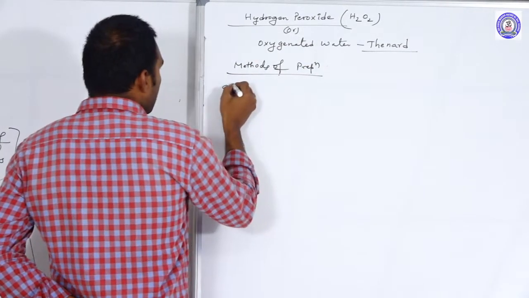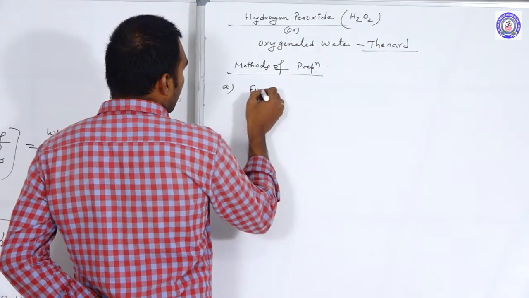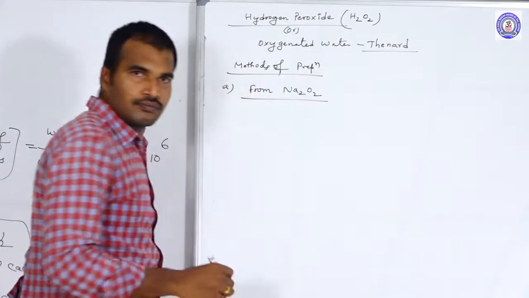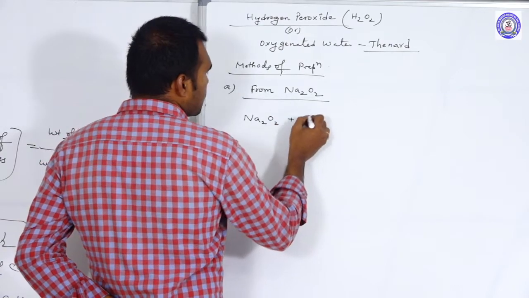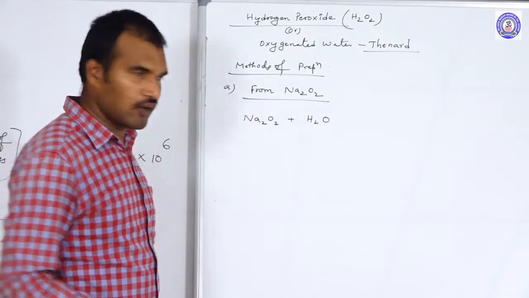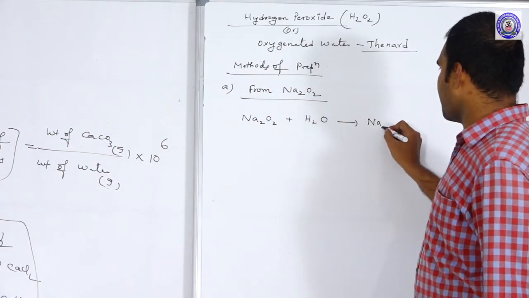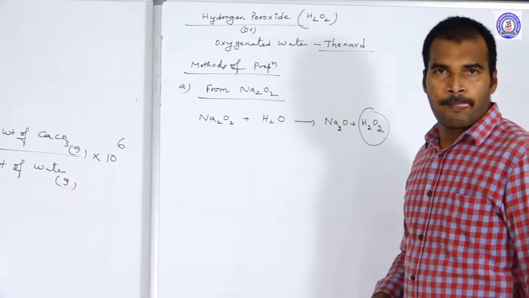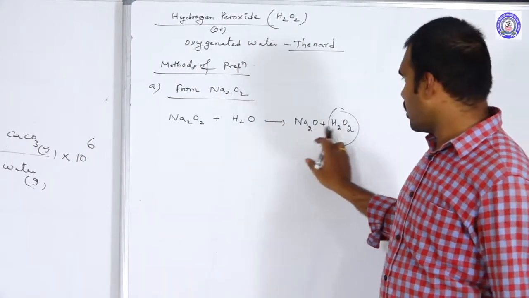In these methods of preparation, the first one is from sodium peroxide, Na2O2. How can we prepare it? When sodium peroxide reacts with water, we get Na2O plus H2O2. When we add water to the sodium peroxide, we get H2O2.